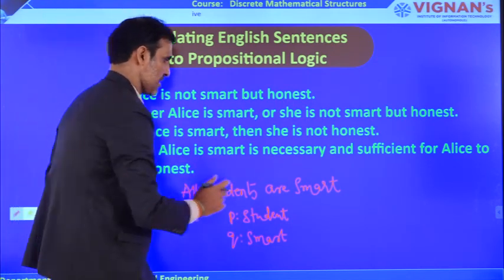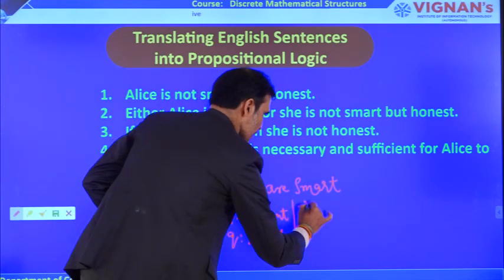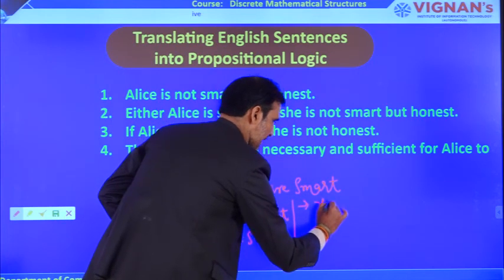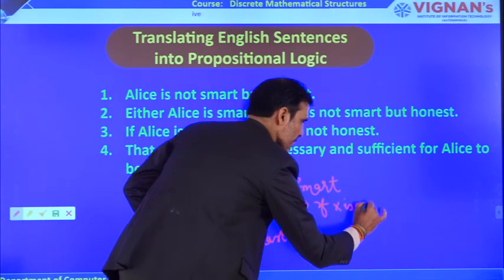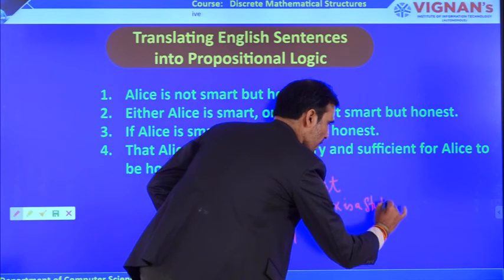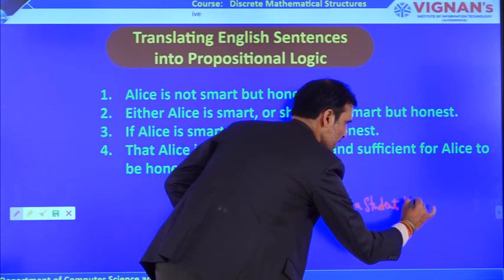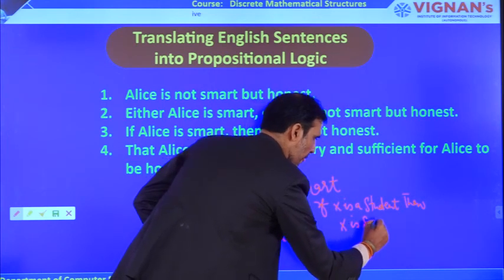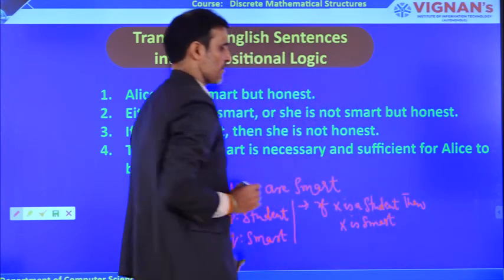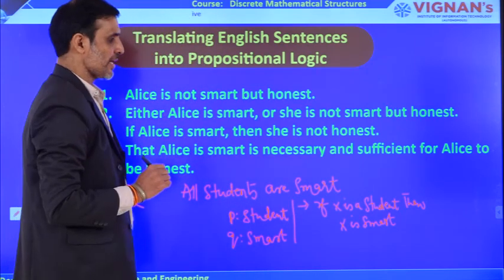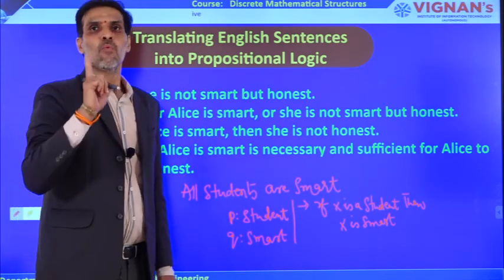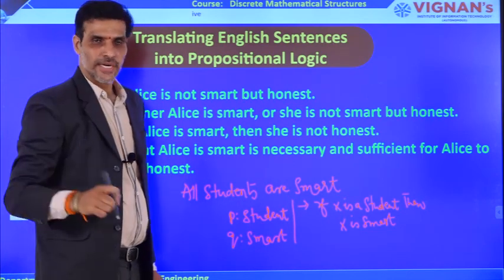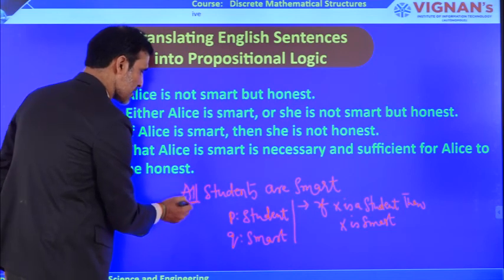The same statement can be written as: suppose X is a student, then X is smart. This is the statement I can write. But if X is a student, it should not hold for only one student. It should hold for all the students, because all students are mentioned here.